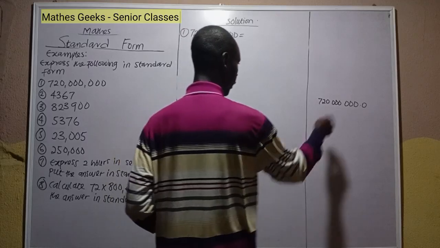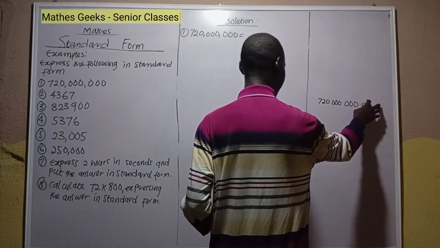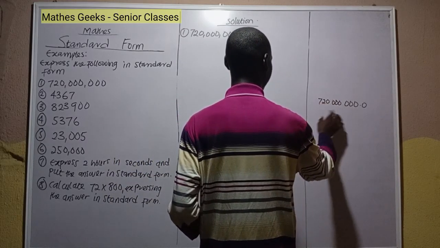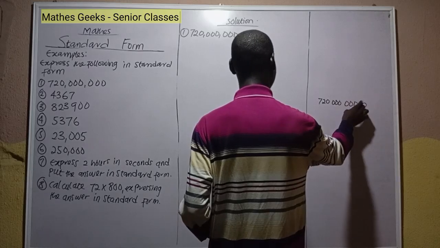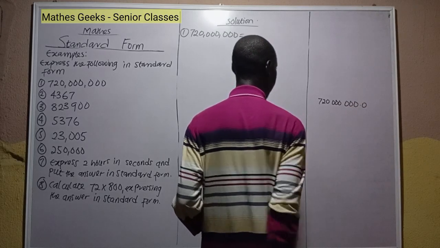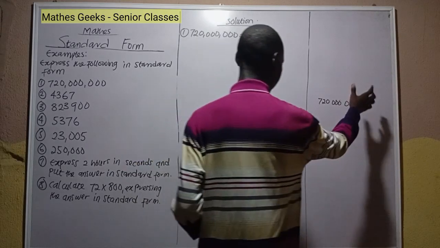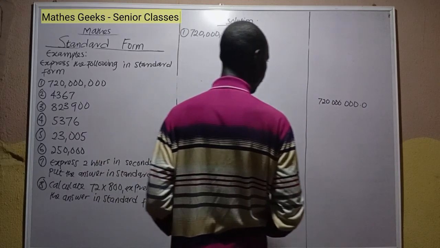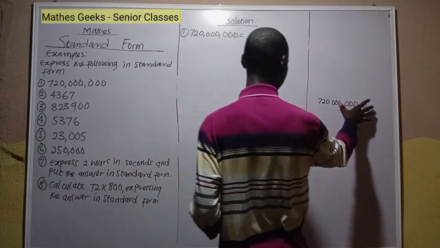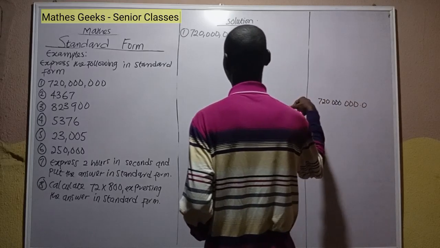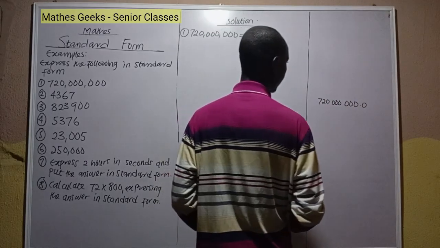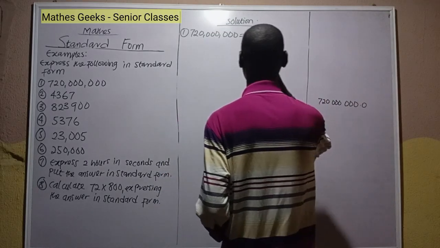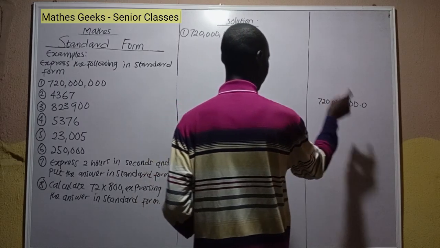You will discover that even though there's a point here, since it is 0, it does not have any impact on this number, because after a decimal point, 0 is non-significant. So either you write it like this or like this, it's still the same figure. But it's necessary when you're trying to understand how to write large numbers in standard form, because you're going to make movements with the decimal point.